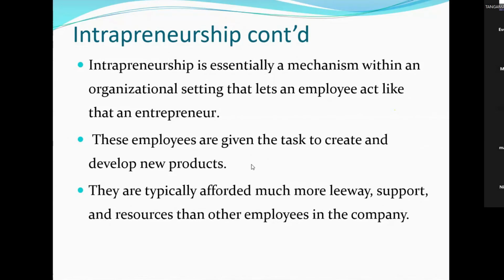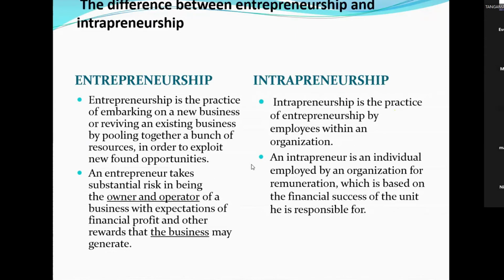Entrepreneurship is the practice of embarking on a new business, or reviving an existing business, by pulling together resources in order to exploit newfound opportunities, whereas intrapreneurship is the practice of entrepreneurship by employees within an organization.